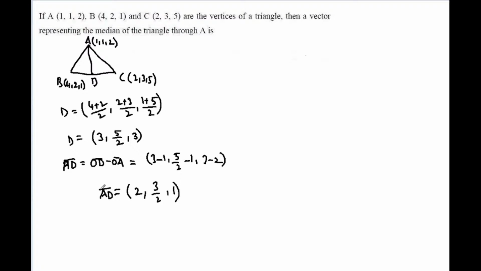This is AD. Now the vector equation of the median AD: r = OA + t × AD.